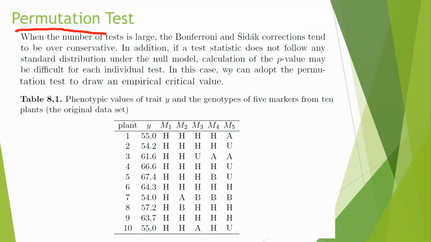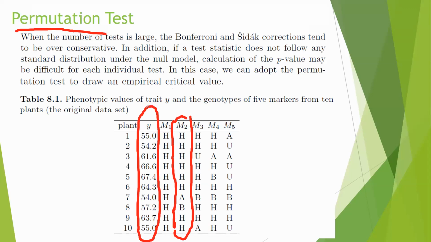All right. So, permutation. For example, if we want to test whether this marker is associated with the phenotype, we can get a test statistic, right?